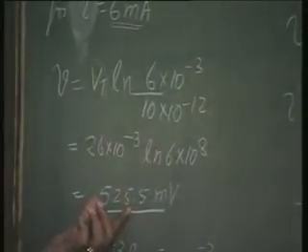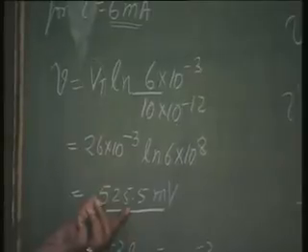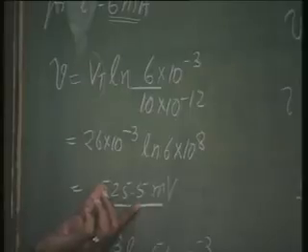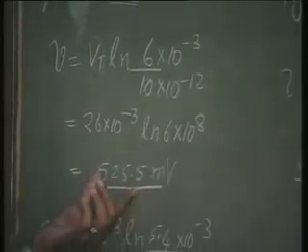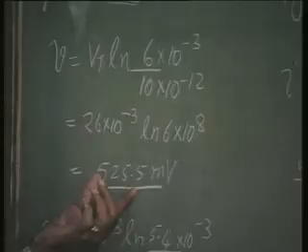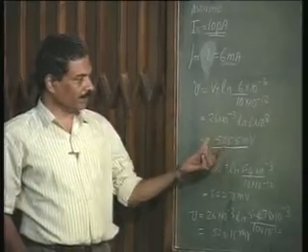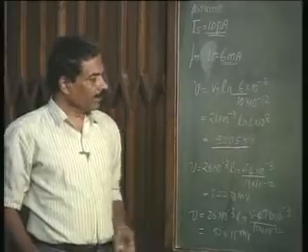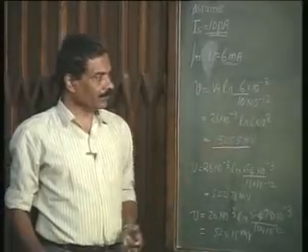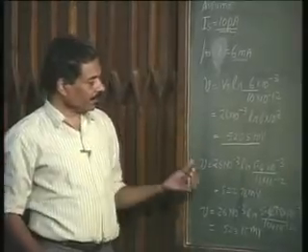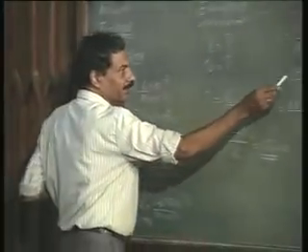What did we assume it as? We had only assumed it as 600 millivolts. So, our approximation is pretty close to the very near correct value, which is 525.5 millivolts. So, this is not 600 millivolts, but 525.5 millivolts. If it is 525.5 millivolts, we can again evaluate the current. But let us see what this approximation will give us.